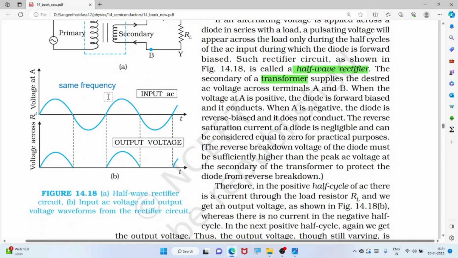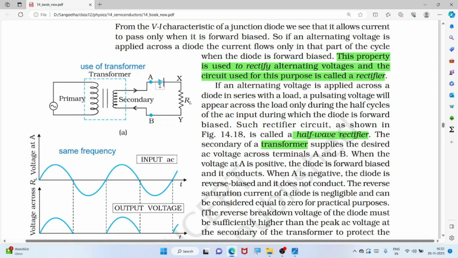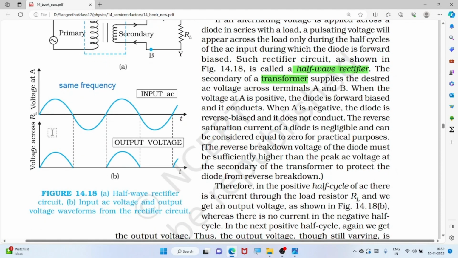So if this is the input voltage, this is the output voltage. Only on this side it conducts, and on this side it is reverse biased and the diode will block. Now the input and output frequency will be the same. How to compute the frequency?